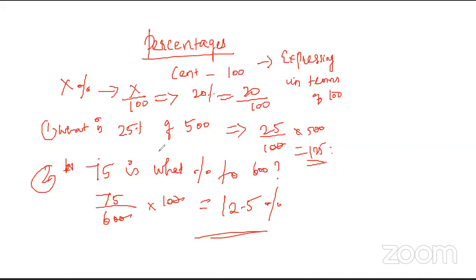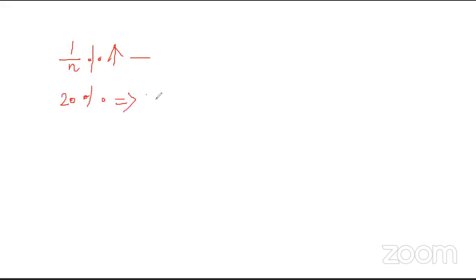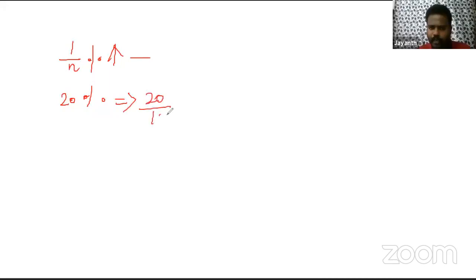Okay, so now wait. Listen here. Let us see the remaining formulas. If 1 by n percentage increases, what does 1 by n mean? For example, 20 percentage is nothing but 20 by 100, which is 1 by 5.